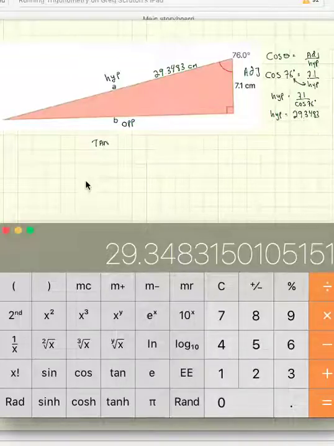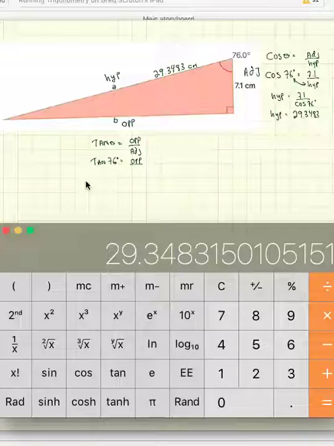So the tangent of theta is the opposite divided by the adjacent. All right, and theta is 76 degrees. And the opposite side, that's our unknown. I could just write B, but I'm going to write opposite.